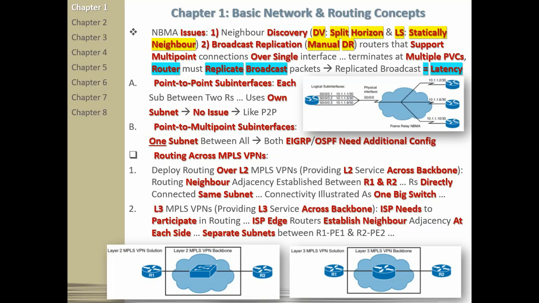This is again unlike what we had with layer 2 MPLS VPNs. So with layer 3 MPLS VPNs, neighbor adjacency is established between R1 and the closest provider edge router, and also between router 2, R2, and its closest provider edge router.